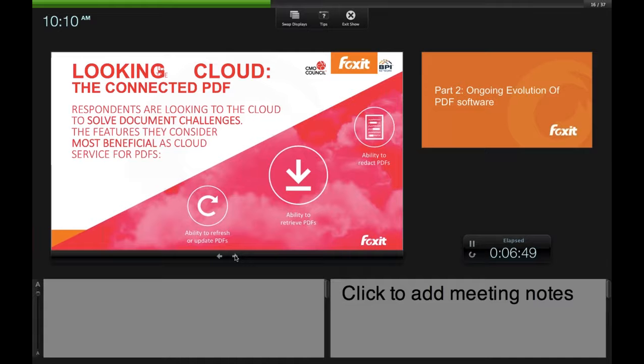They want the ability to refresh and update PDF documents that have actually left the office. They want the ability to recall them if there's a problem with that document or if a new version exists. And they also want the ability to redact PDFs remotely.